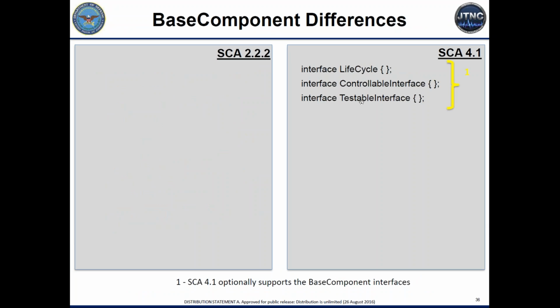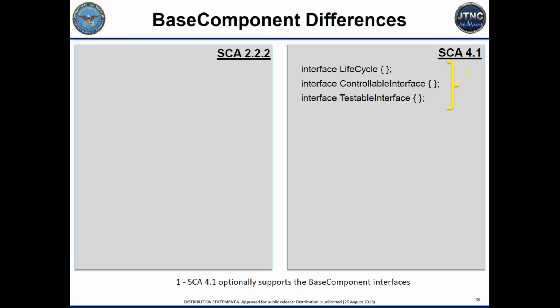And a difference, and this is what I was alluding to when I talked about the device manager component now being a base component. There are those three interfaces of LifeCycle, controllable interface, and testable interface, which exist within the scope of base component. Those did not have an equivalent entity in SCA 222.